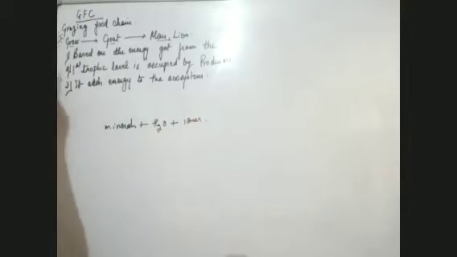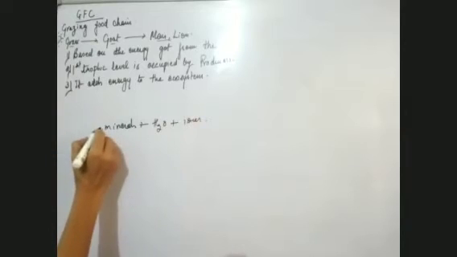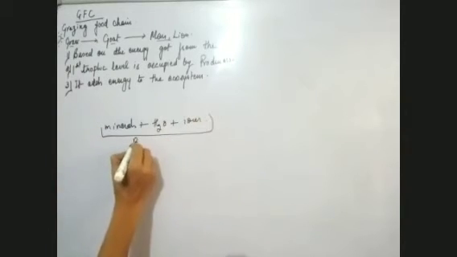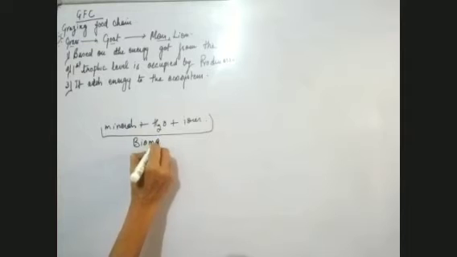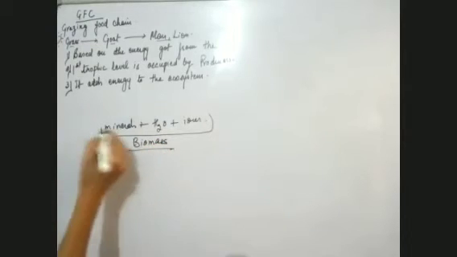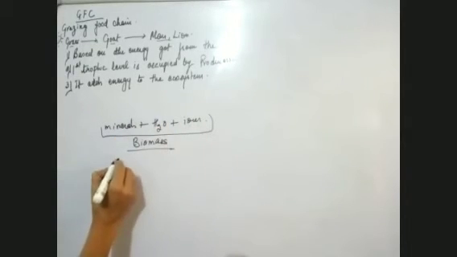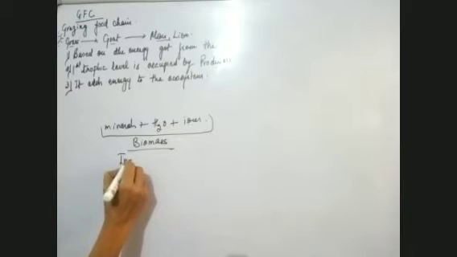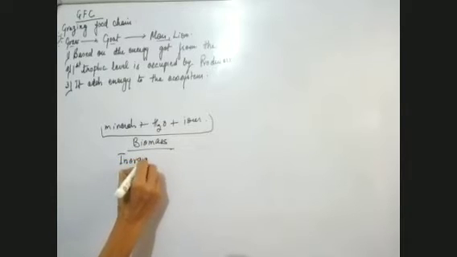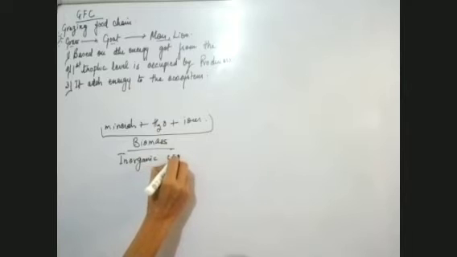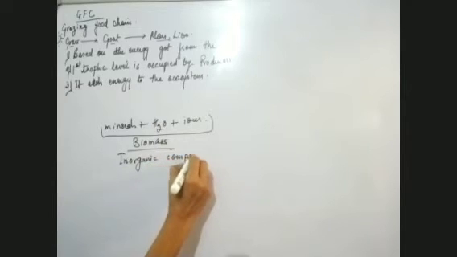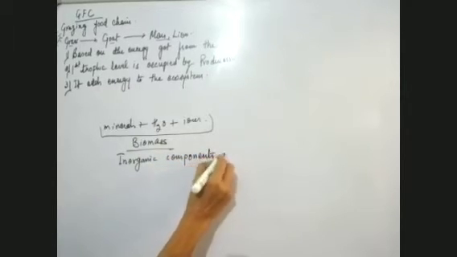Various components from the sun, from soil, from air, which are used to make its biomass, they all are in the form of inorganic components or inorganic substances.